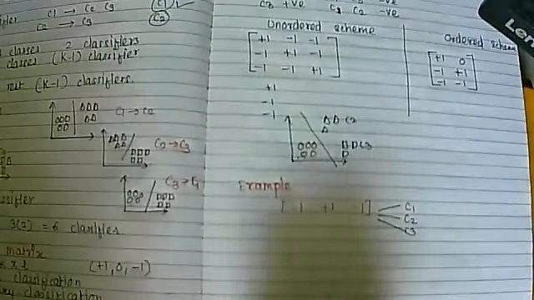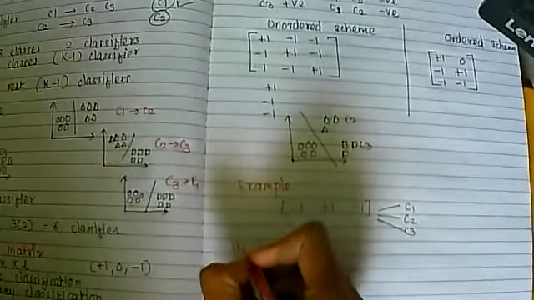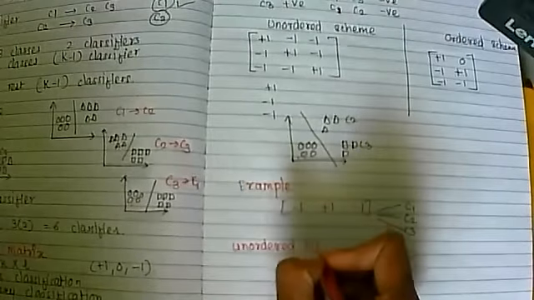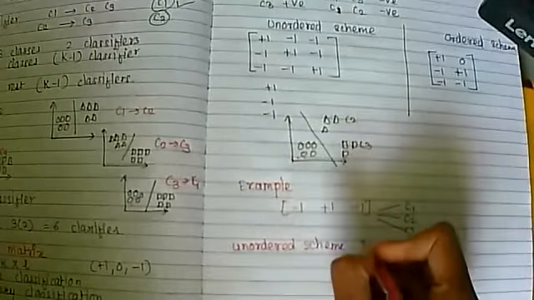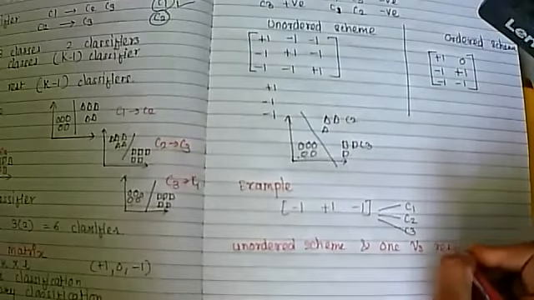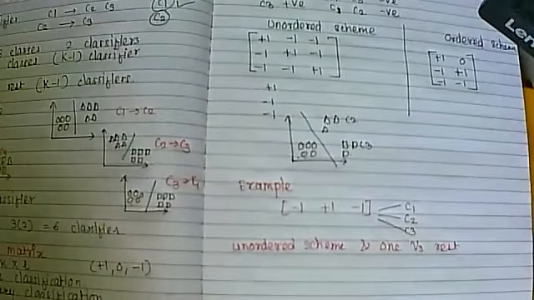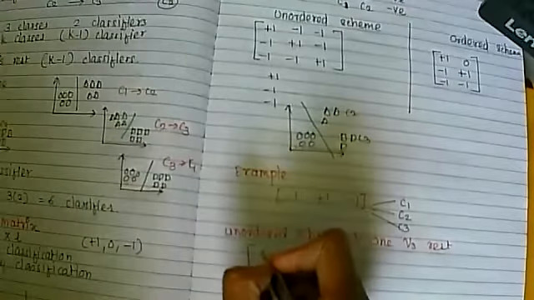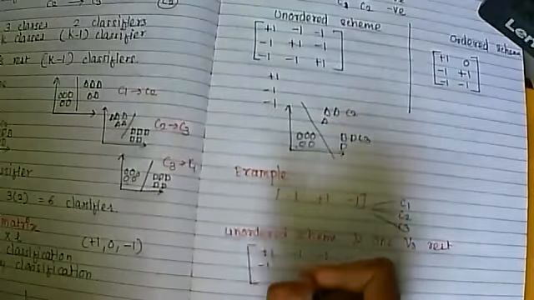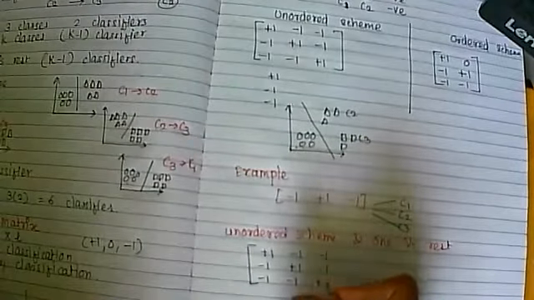It is also given that it is an unordered scheme with 1 versus rest. Now what is the matrix for the unordered scheme? It is +1 -1 -1, -1 +1 -1, -1 -1 +1.